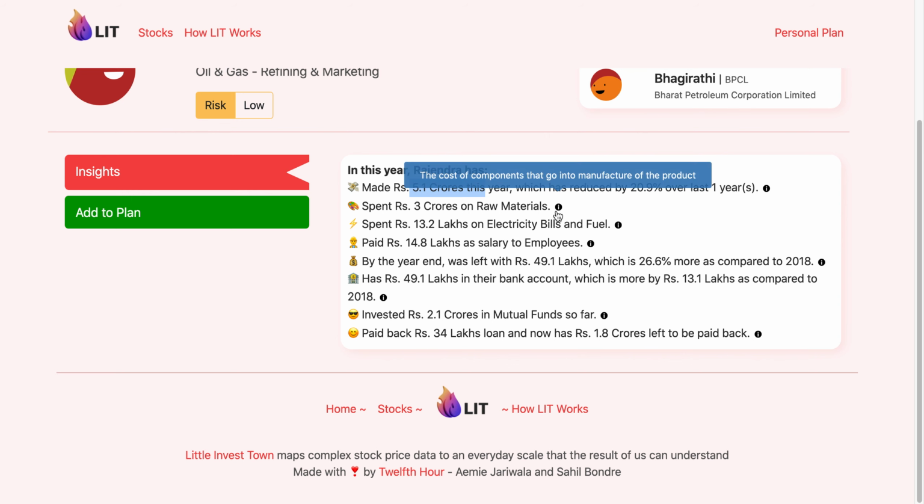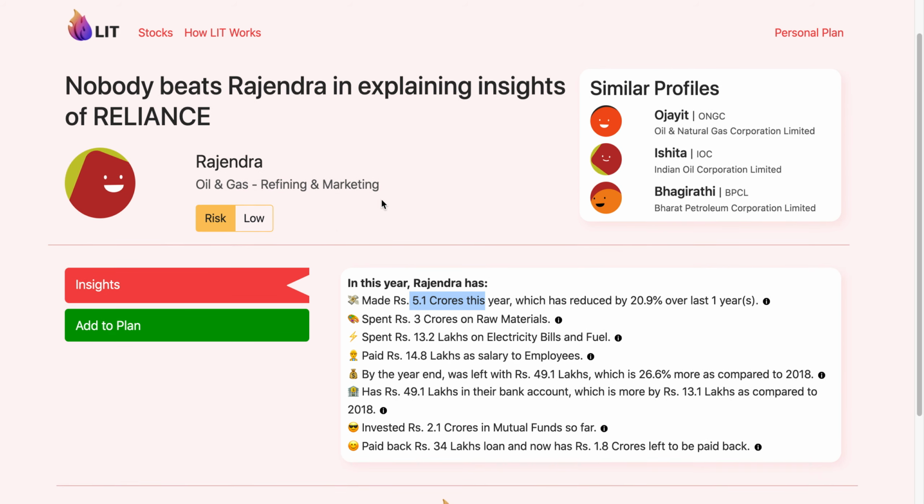That way, every single piece of information is shown, and for each point we showcase which financial term it is. As Reliance is a good company and Rajendra shows great promise, we can add it to the plan, which I'll explain later.